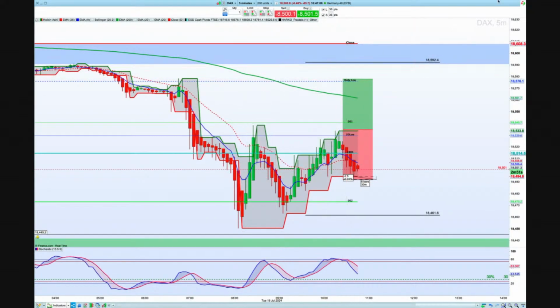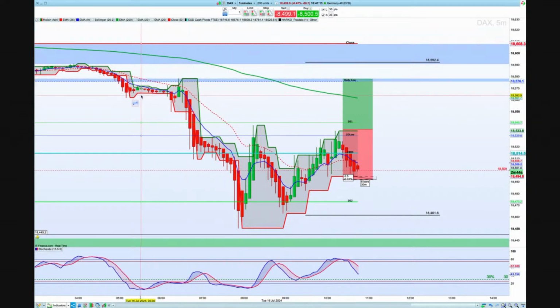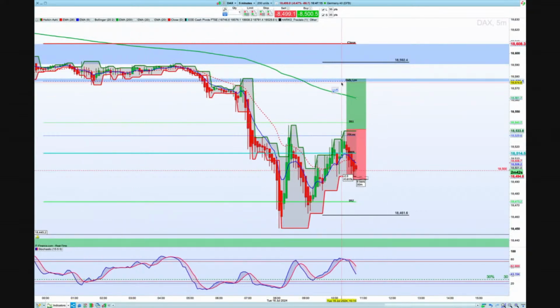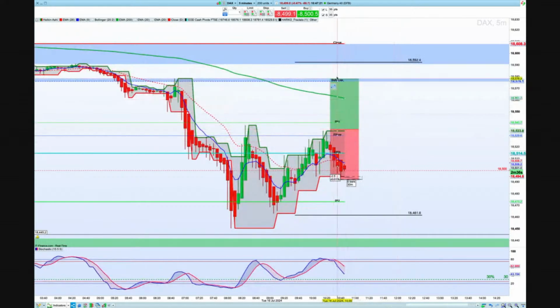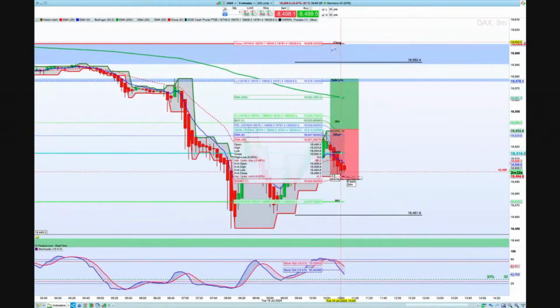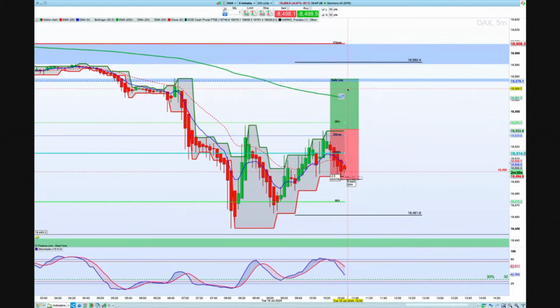But the interesting thing here is a bit of soft resistance. You can see the market has had a little hesitation around this area before. So to get our 1-to-1, we don't have to go all the way to the close. We only have to go to the daily low to get a 1-to-1, but we do want to close this gap.